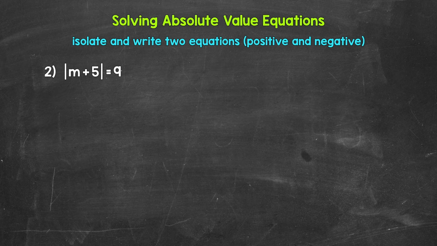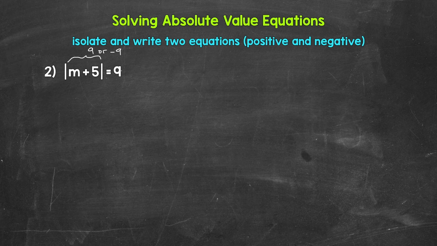Taking a look at number 2, we have the absolute value of m plus 5 equals 9. Now, our absolute value is isolated here, so we can move on to writing 2 equations. Now, this absolute value equals 9, so we know that m plus 5 needs to equal +9 or -9.